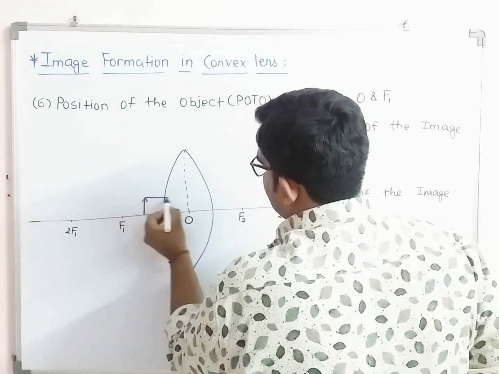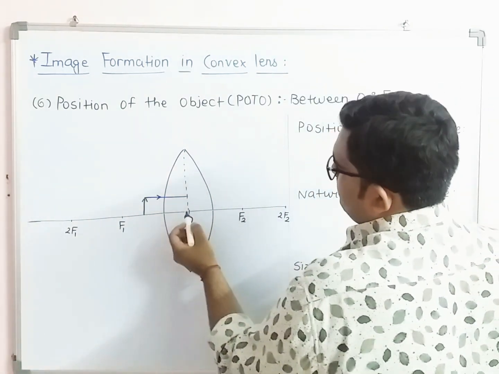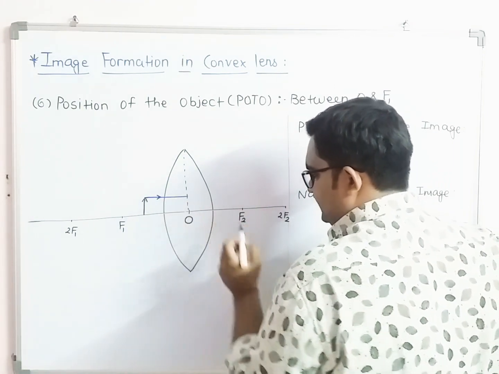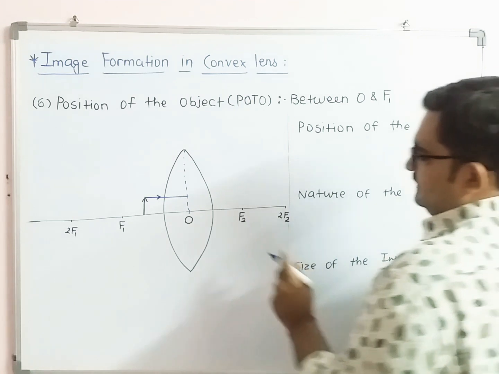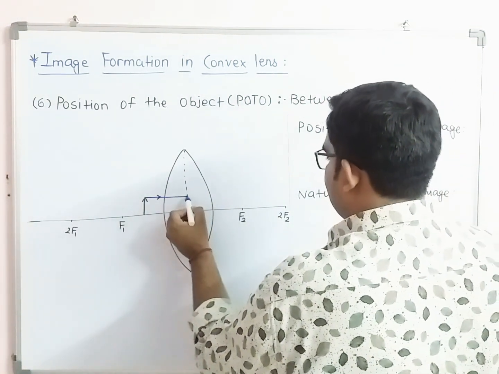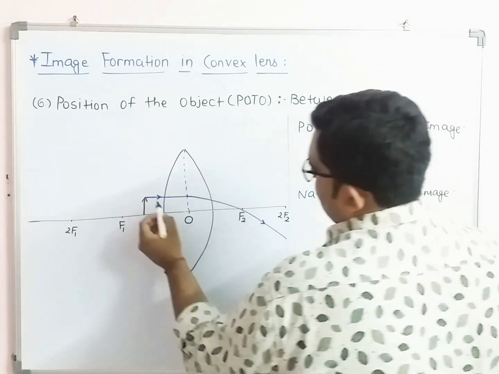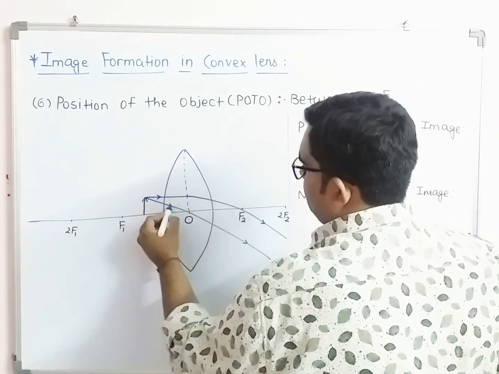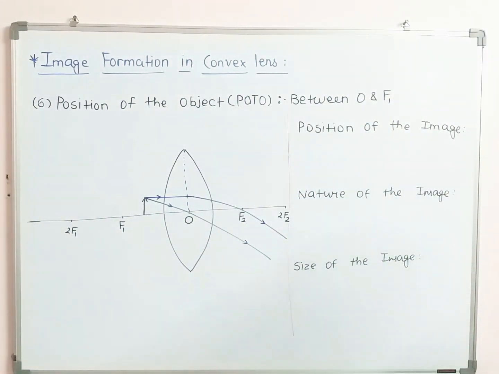The first one is parallel to the principal axis. When it reaches the optical center O, now students, after converging, it meets at point F2, and the second ray is passing through the optical center O.